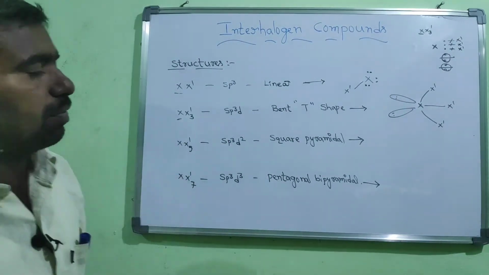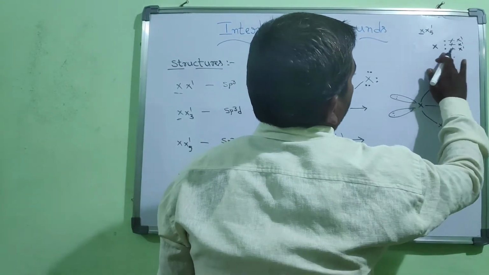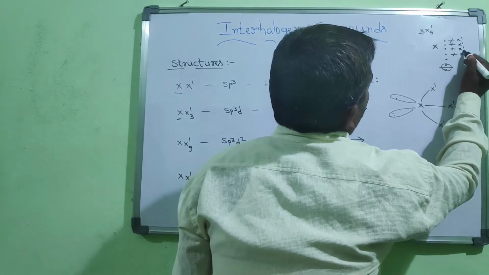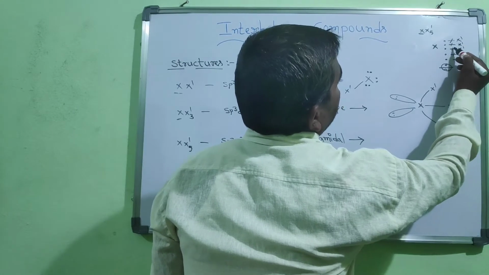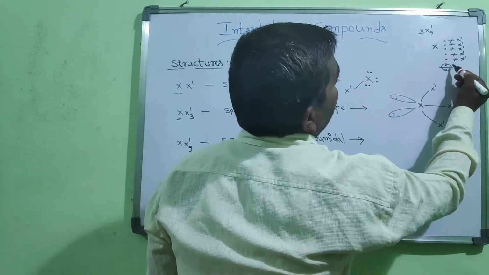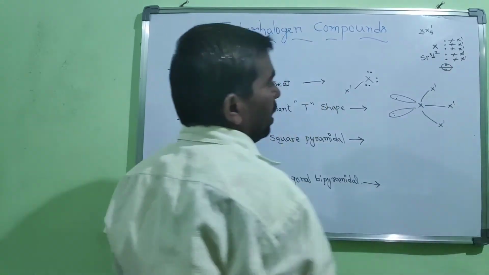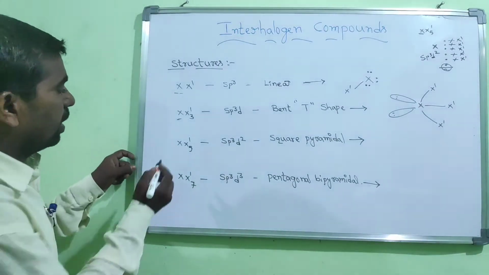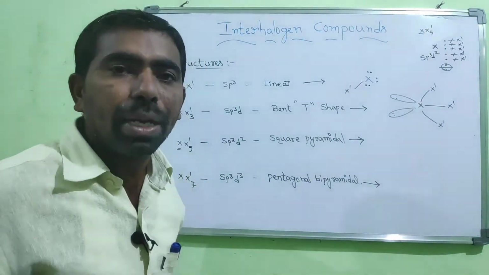Now about XX5'. I am taking that molecule here: XX5'. The other halogens make single bonds. Now the hybridization: s, p1, p2, p3, d1 and d2. sp3d2 is the hybridization occurring at the central atom X. The molecular shape is square pyramidal.